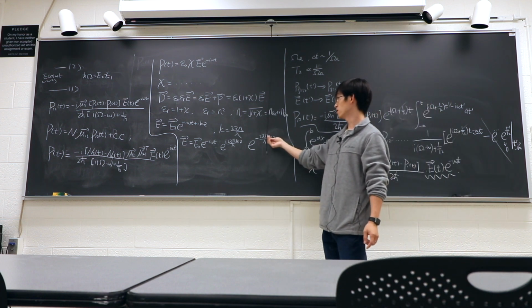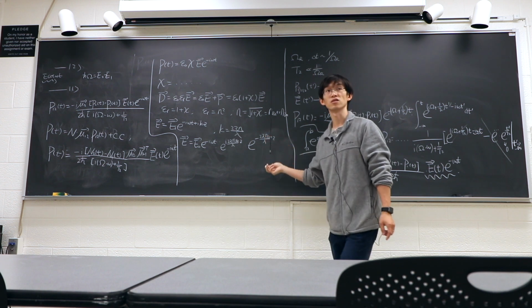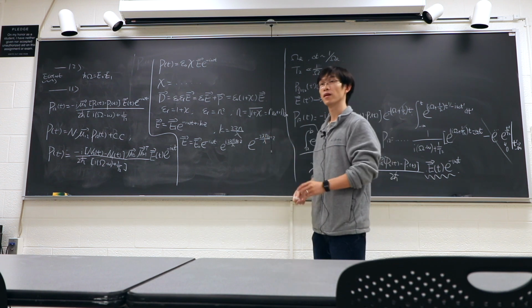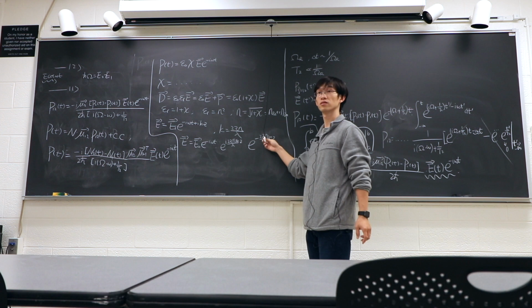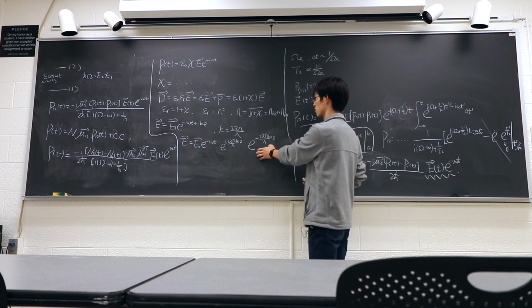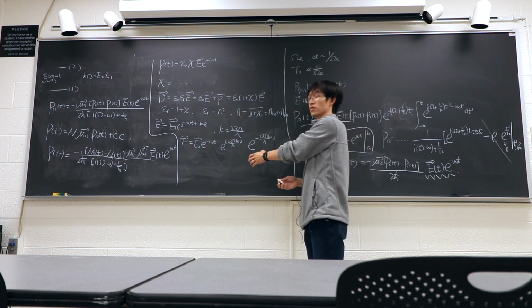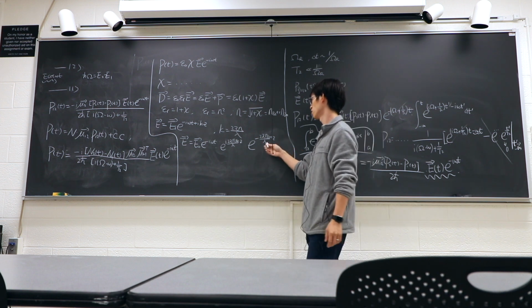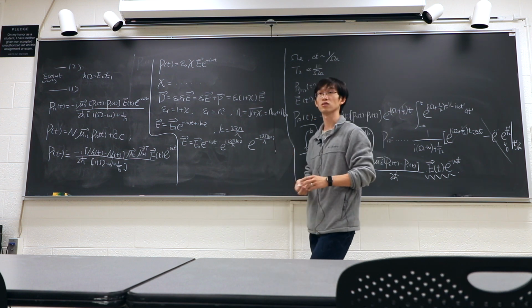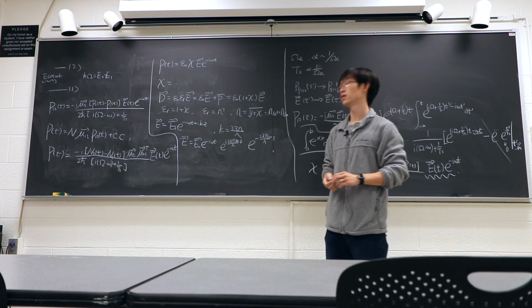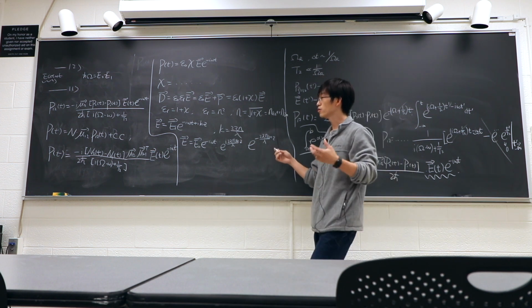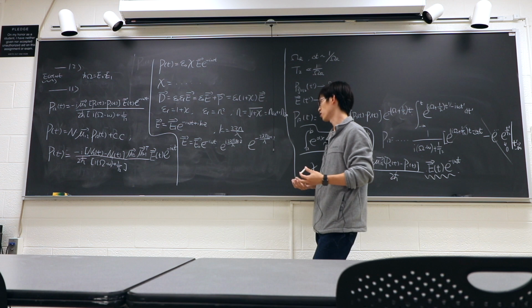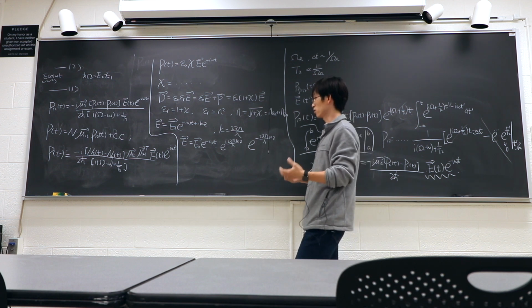So if n imaginary is smaller than 0, then you have gain. This one grows exponentially. Okay. And if you have n imaginary larger than 0, then you have loss. Okay. And I don't know if any of you do plasmonic or know plasmonic.